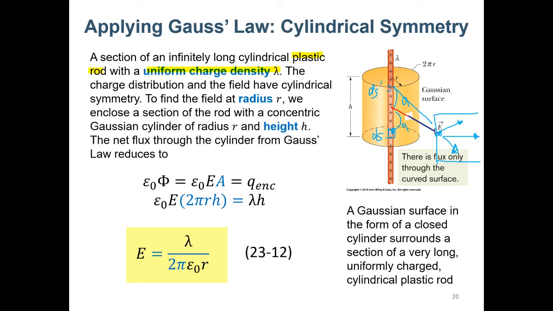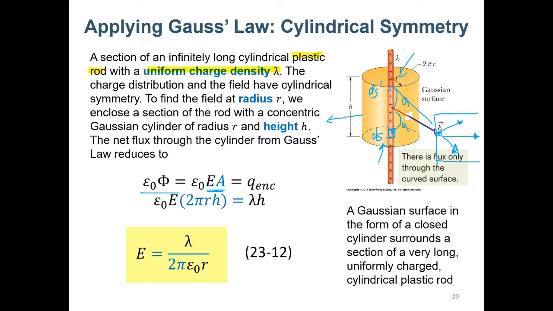So we apply the Gauss law in this case, and this is still epsilon 0 phi, and phi would be EA, because E is uniform at the side, and there will be no electric flux contribution from the top part and the bottom part, because all the E field are perpendicular to the line.